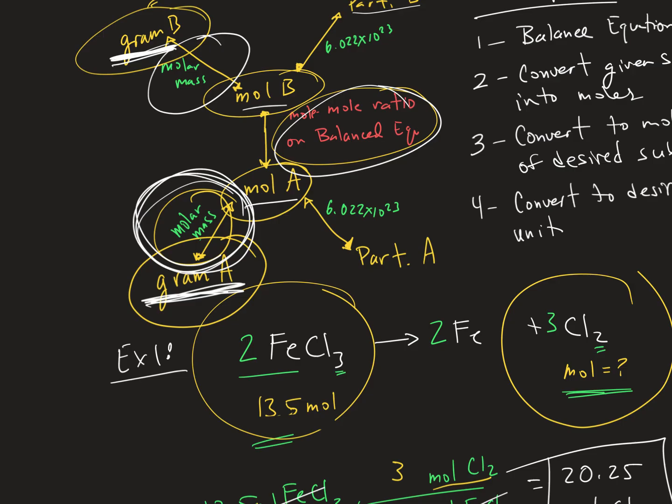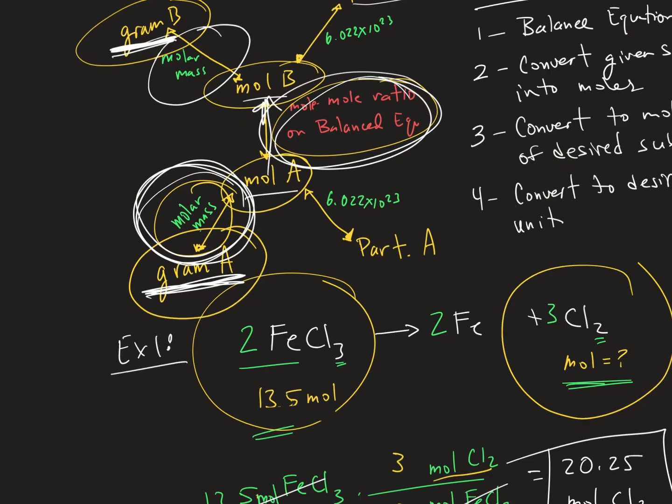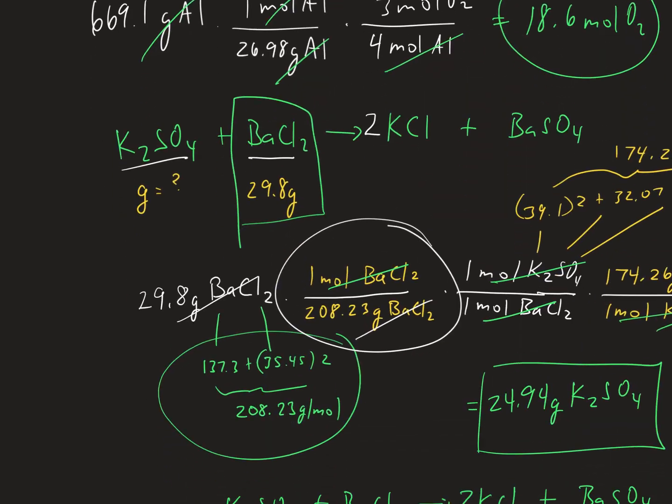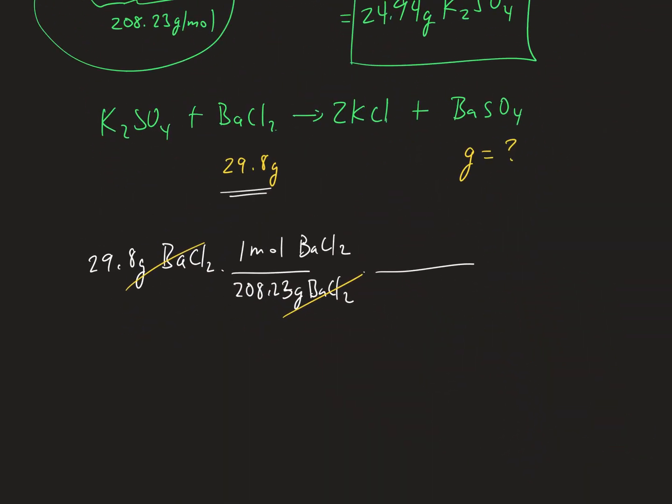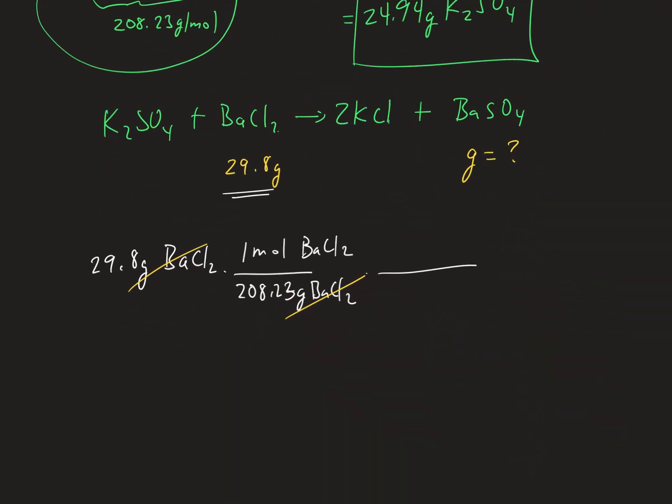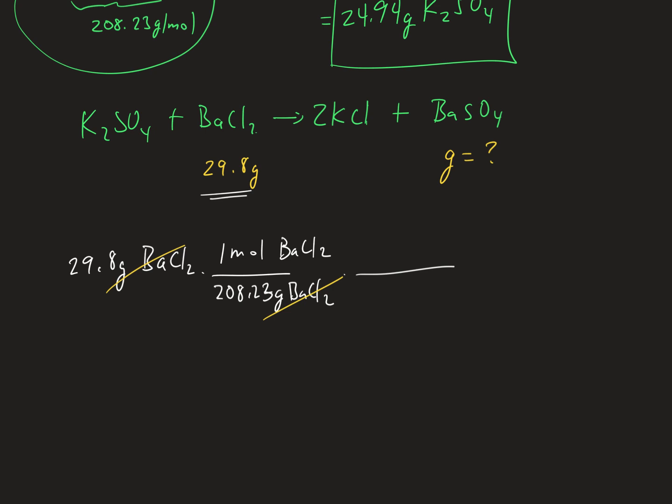So now what do we do? Mole to mole ratio. What's our desired substance here? BaSO4 is our desired substance. And what's the mole to mole ratio from BaCl2 to BaSO4? Oh, it's also 1 to 1. That's nice.